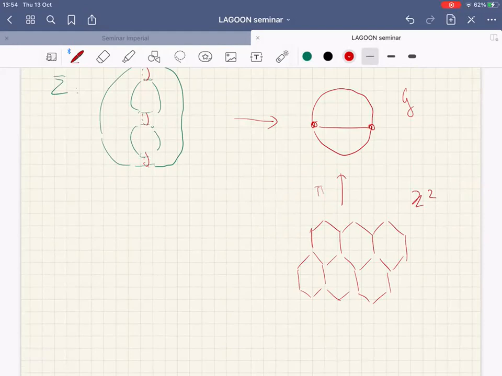So pi, and then the group of deck transformations. And then we can take the fiber product here, which is an infinite genus Riemann surface.